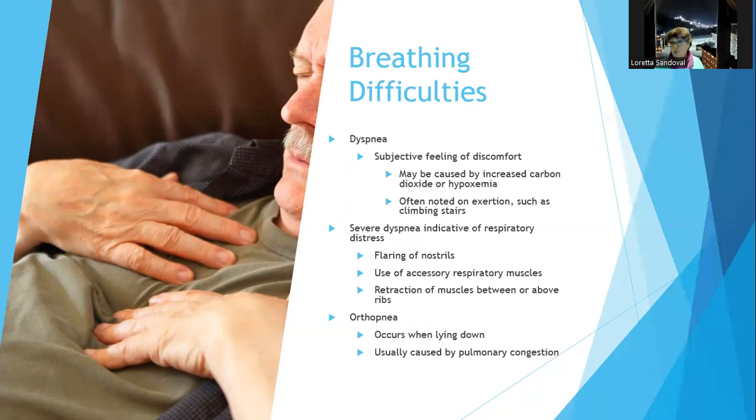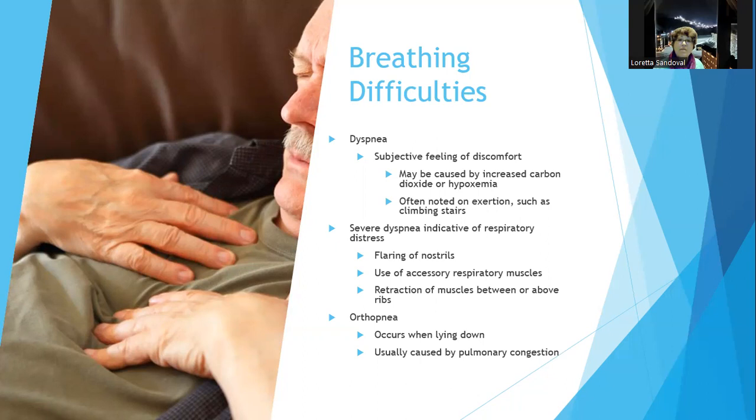When we talked about heart failure, people that have dyspnea, it can be severe. Someone who has heart failure and their heart is not supplying them with the oxygen that they need can be very, very out of breath on minimal exertion, something that someone who doesn't have heart failure would consider minimal. So dyspnea is not just with respiratory disorders, it's with other things as well.